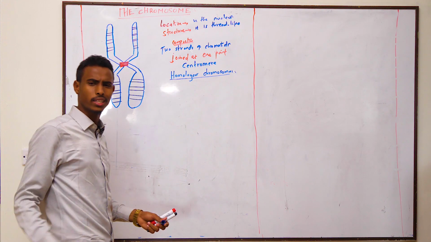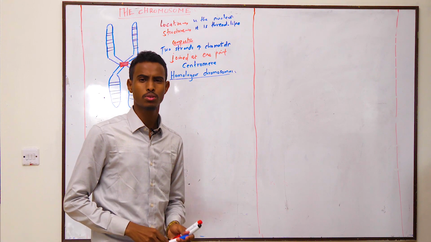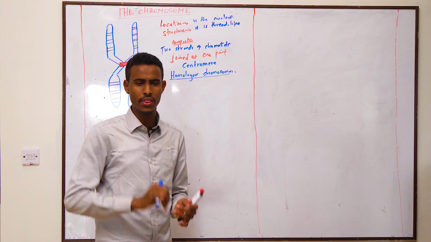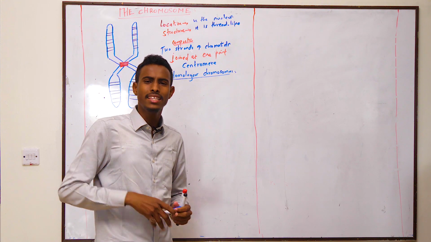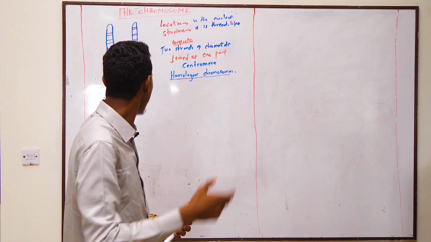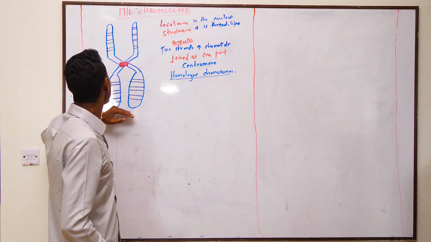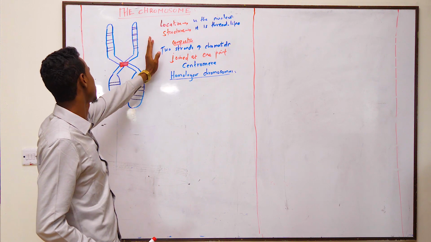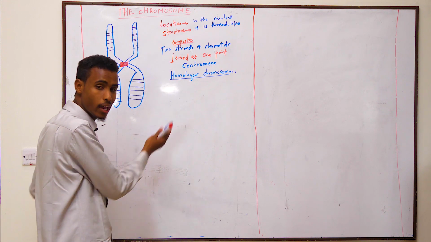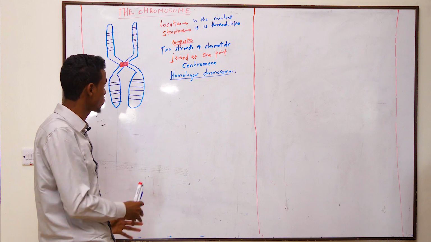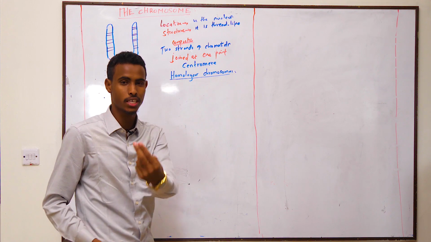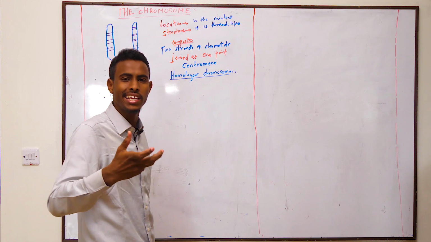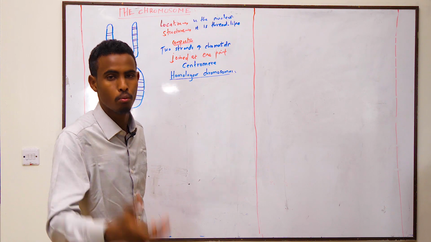You may find that homologous chromosomes are similar in length and appearance, but they differ in their genetic composition. In length and in appearance, they look similar, but they carry different genetic composition.